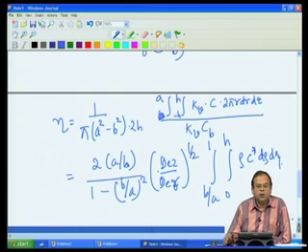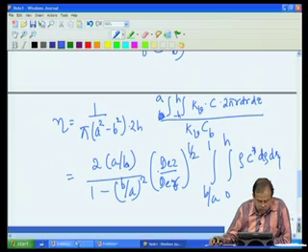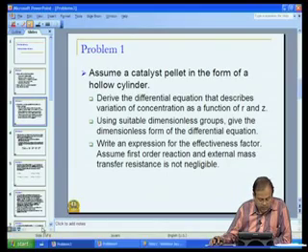So, that is our definition of our effectiveness factor, which was what our problem was.